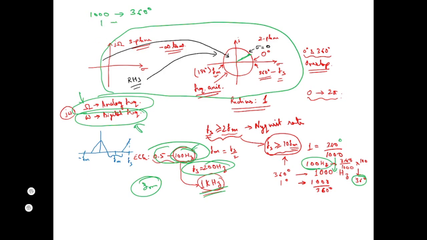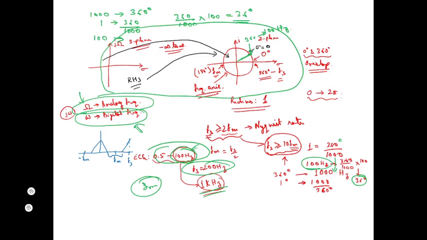So your 1 hertz will be 360 by 1000, and your 100 hertz will be 360 by 1000 into 100, which is equal to 36 degrees. Okay, समझ में आ गया? So your 100 hertz component will be over here, at 36 degrees.